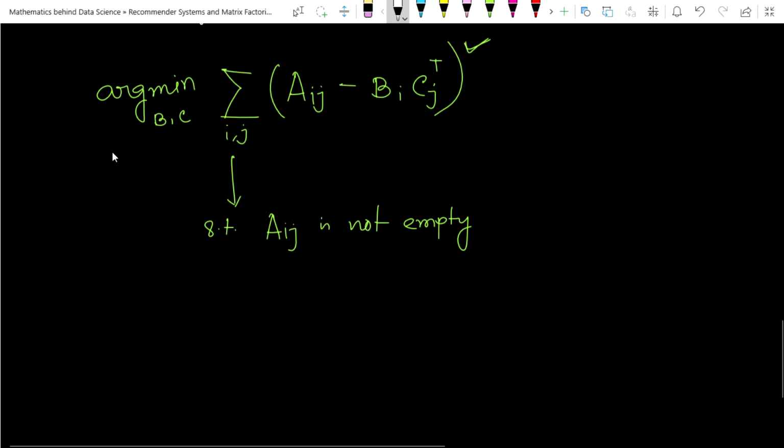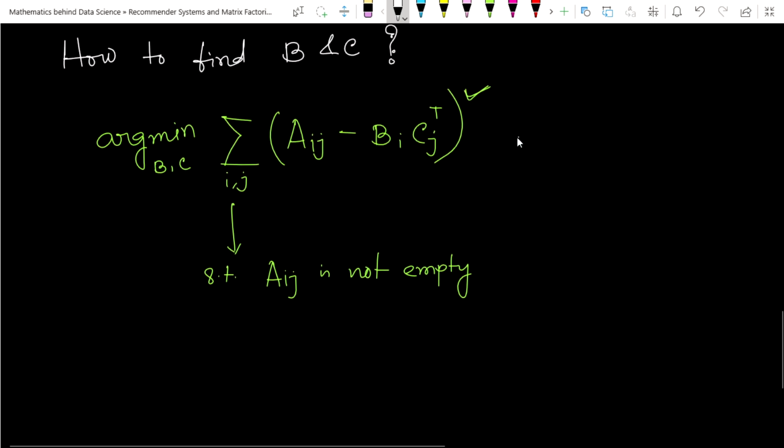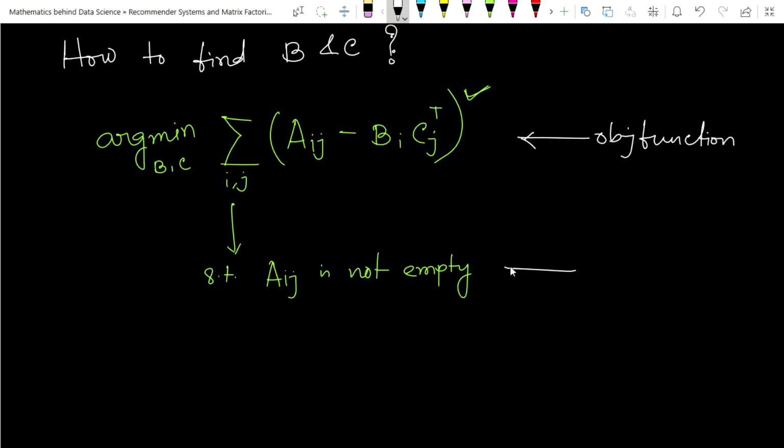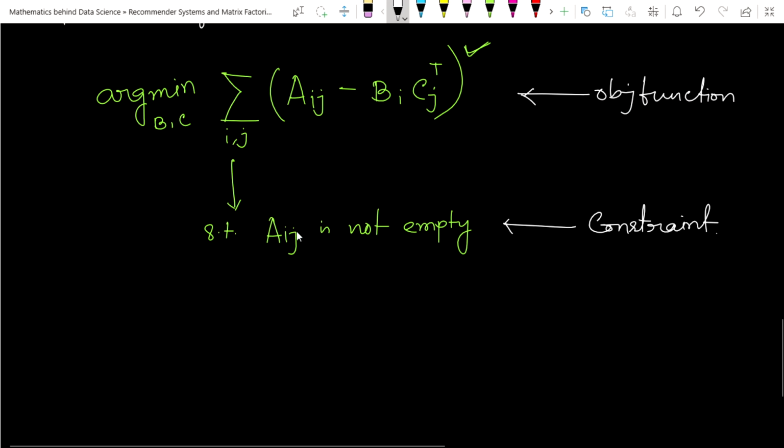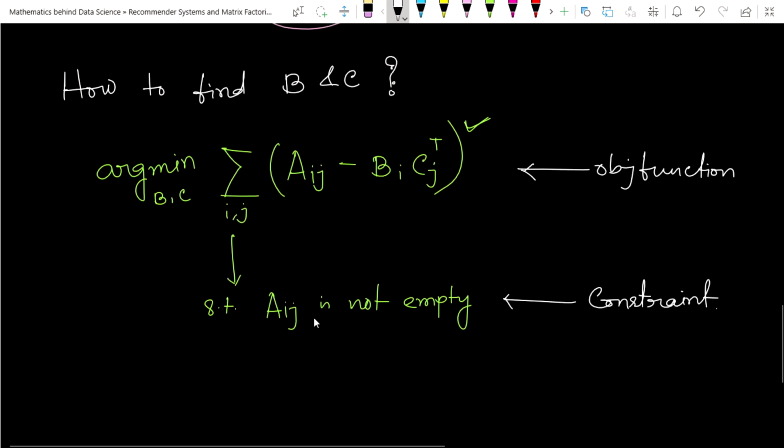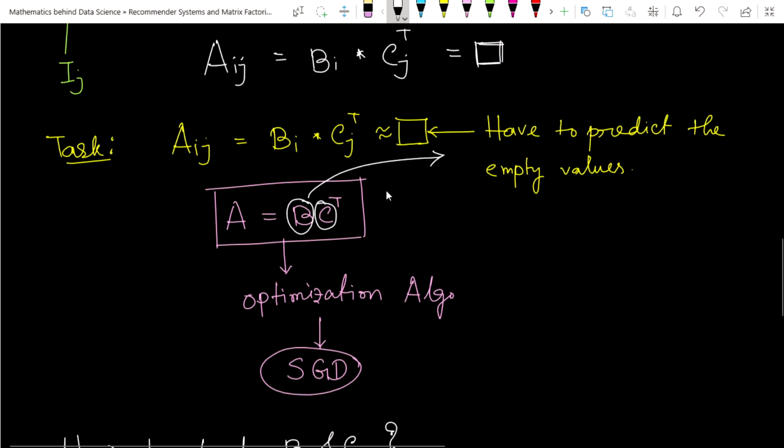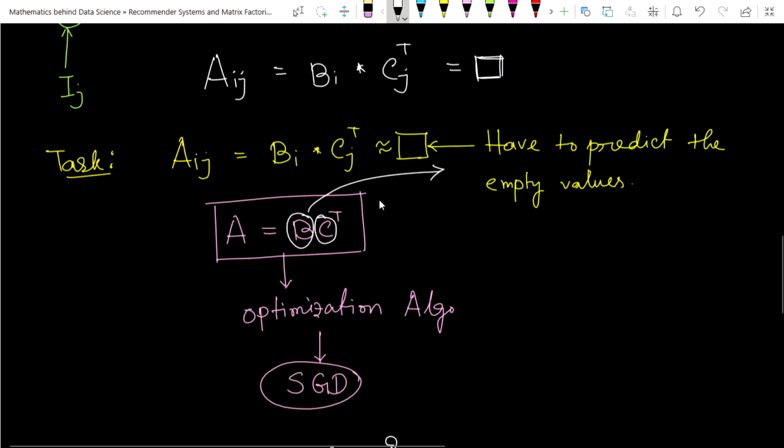These things are called the objective function, and this is the constraint of the objective function. We consider only the Aij values in non-empty cells, use them, and find the difference.